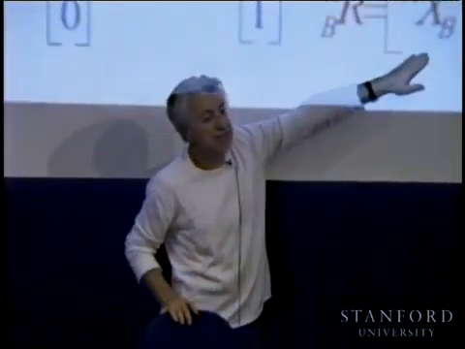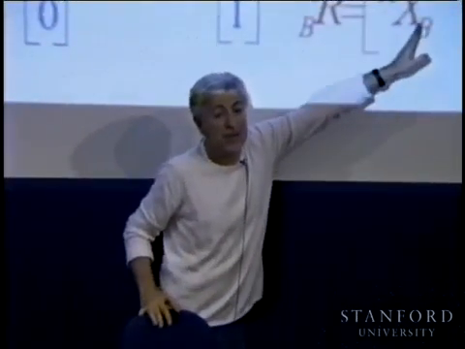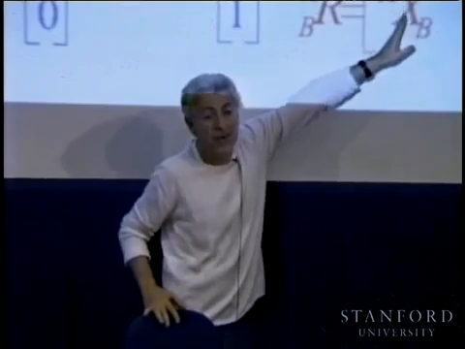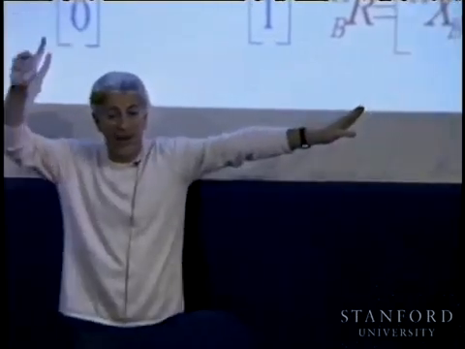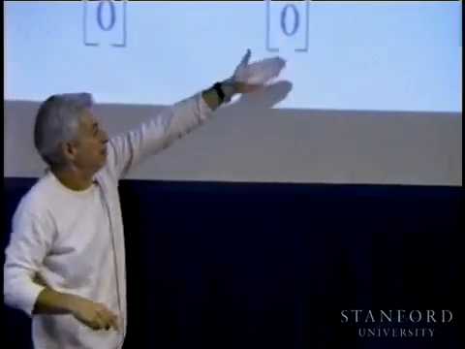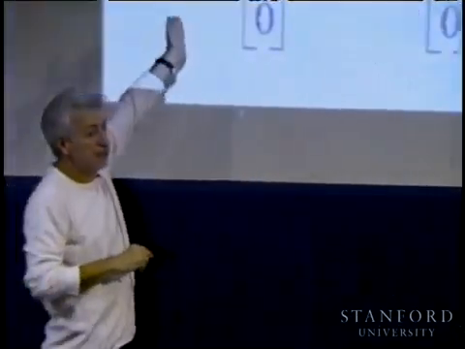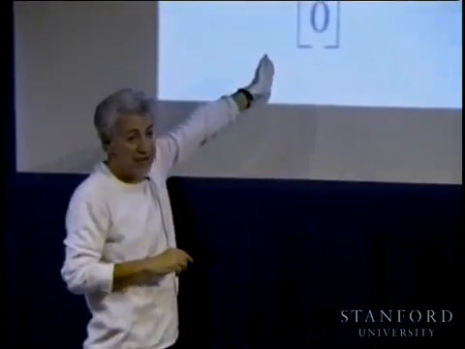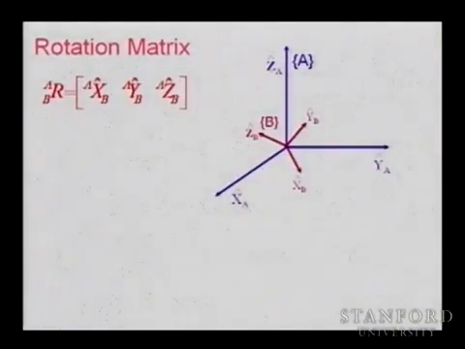The columns of the rotation matrix are the components of the axes x, y, z of the new frame in the reference frame. Okay? All right. So this is the definition of the rotation matrix from B to A. It is xb in A, yb in A, and zb in A.